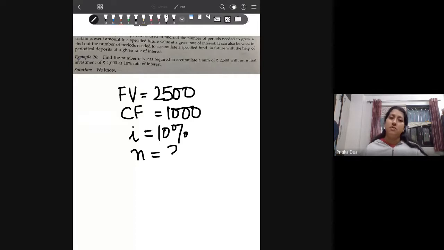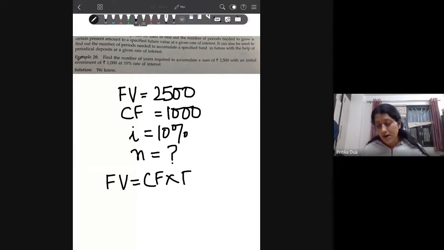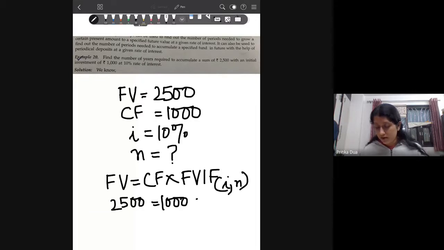So this is a case of annual compounding, so I don't know the number of years. Again, future value is equal to present value or cash flow, and now I am using the FVIF table because of single cash flow. Put in all the values that you know, narrow down to a single value that we look for in the table.